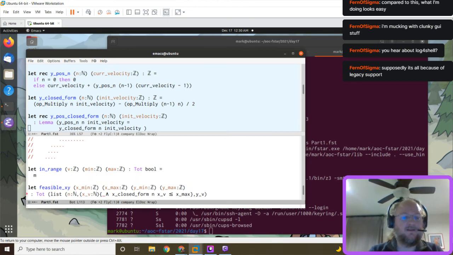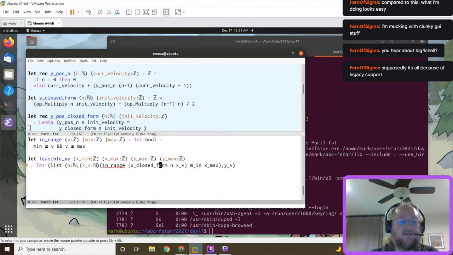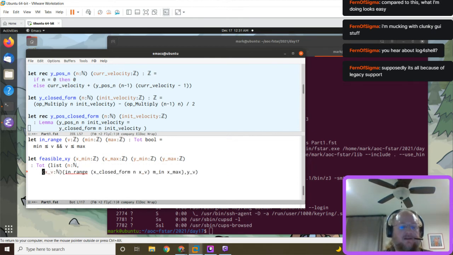Min less than or equal to v and v less than or equal to max. So in range. Similarly, a y velocity.